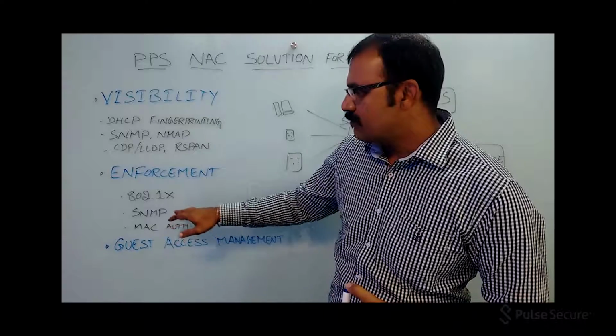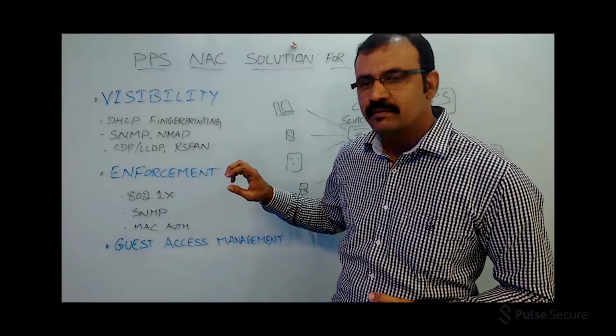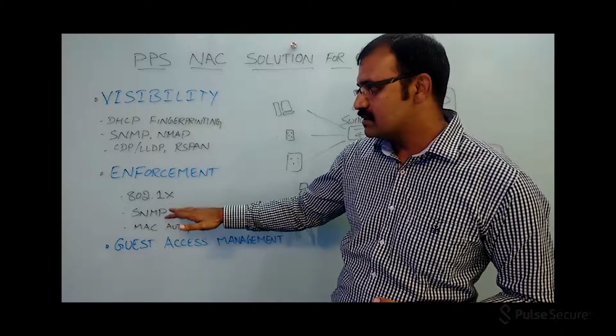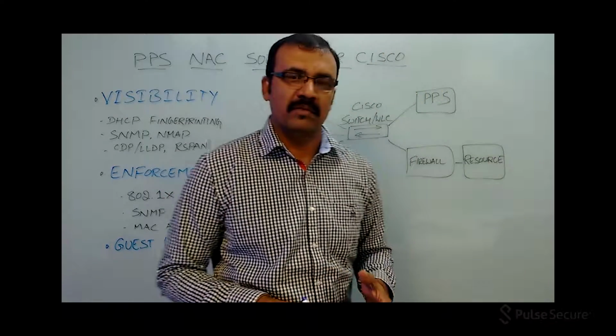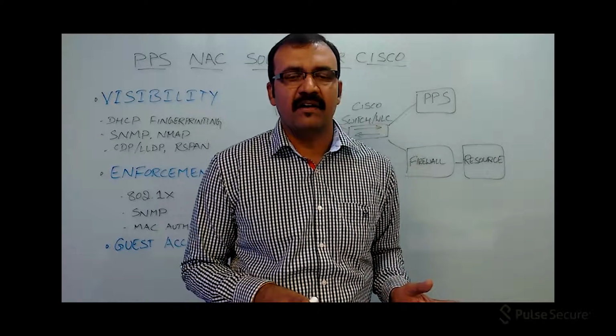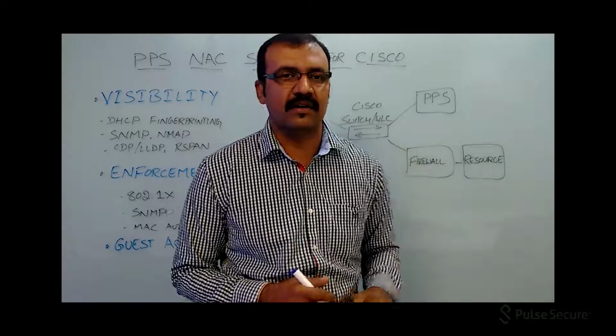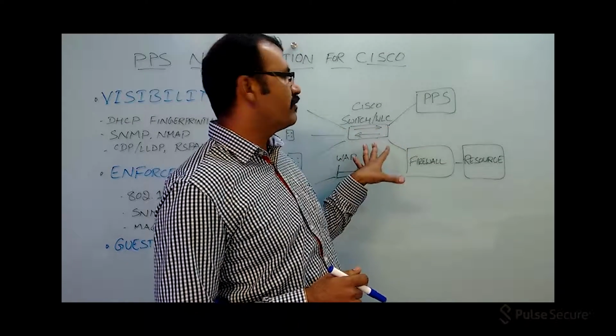Second enforcement method is an SNMP method, where it's the simplest alternative to 802.1X. We support various Cisco models here, 2900 and 3700 switches, where SNMP protocol will be configured.